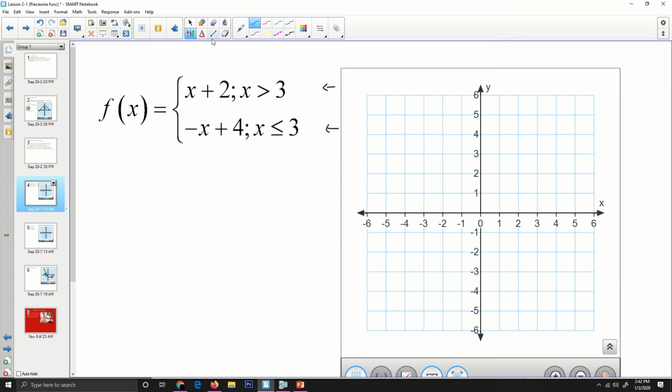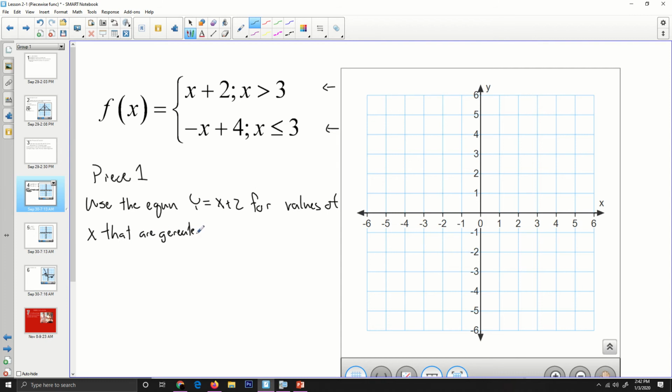So for this particular one, this top rule, what this literally means for piece 1 is we're going to use the equation y equals x plus 2 for values of x that are greater than 3.